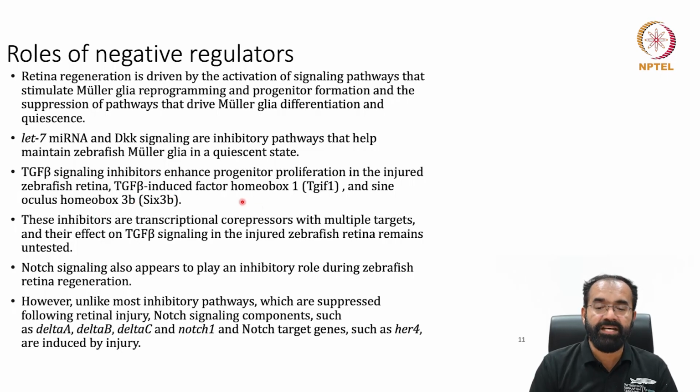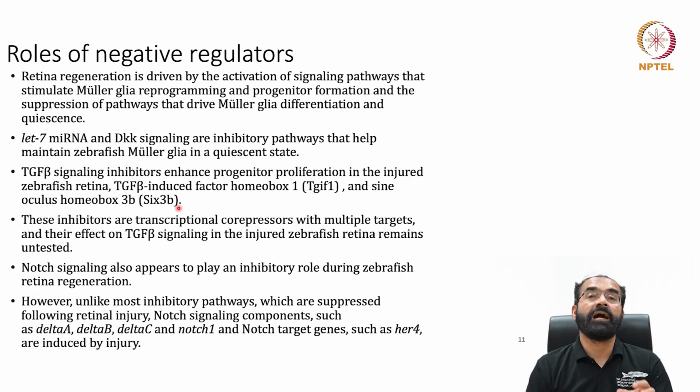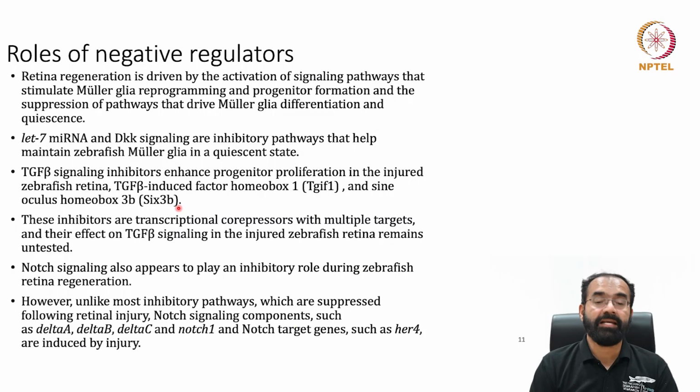And TGF-beta induced homeobox protein, that's called TGIF1, and sine oculis homeobox 3b, Six3b, these proteins are involved in implementing the TGF-beta signaling, and how effectively it is regulated during TGF-beta signaling.